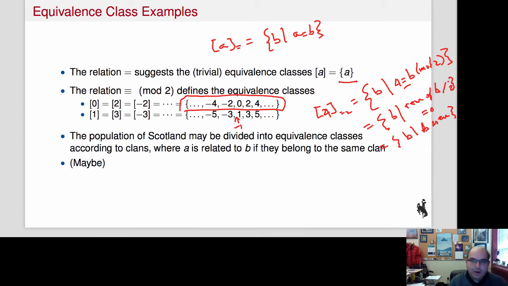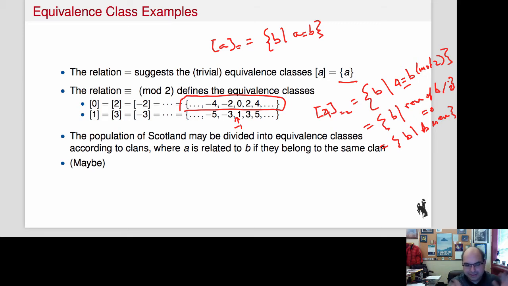Okay. Here's a somewhat tongue-in-cheek example. If you look at the people in Scotland, I just went there, I can divide them into equivalence classes just based on what is their clan, right? So everybody in Scotland belongs to some sort of ancestral clan. So I can say, oh, here are the MacTaggarts, and here are the, and so on, right?